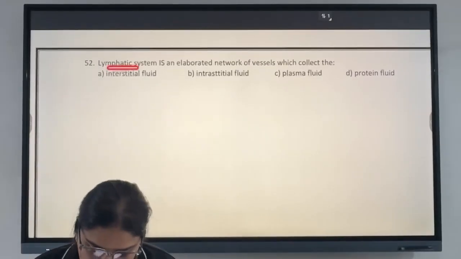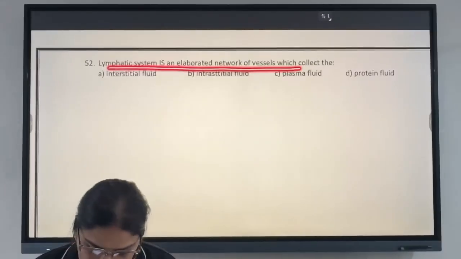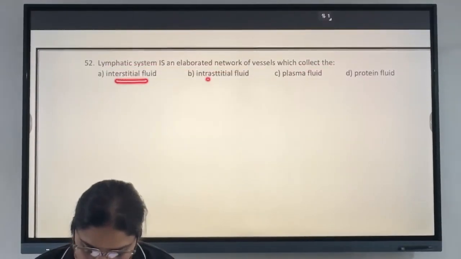Let's go to the 52nd question. The lymphatic system is an elaborate network of vessels which collect interstitial fluid.